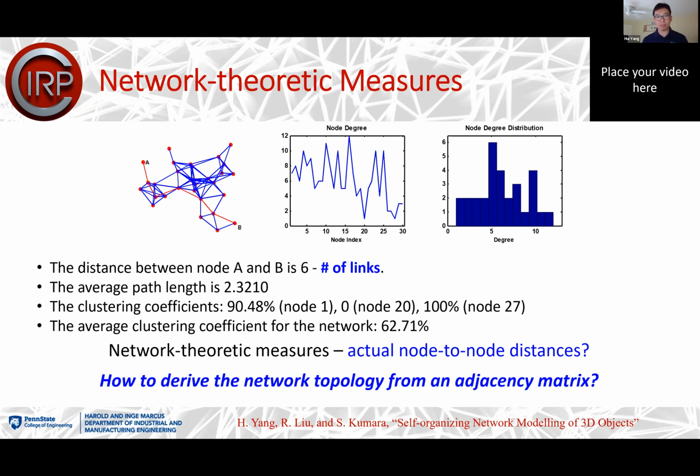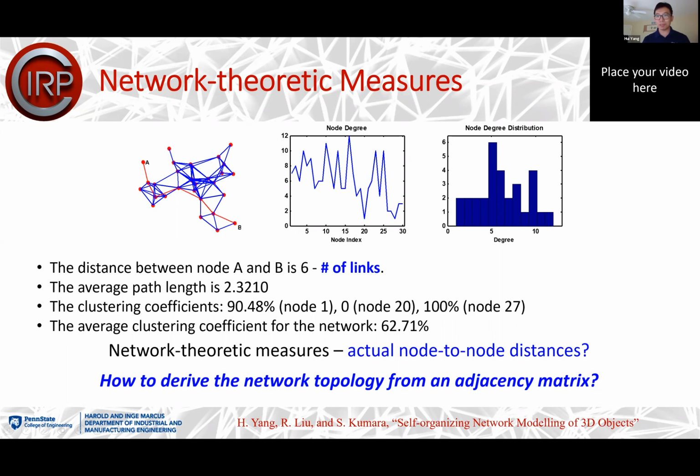However, for node 20 it is 0. And 100%, everybody is connected to node 27. And the average clustering coefficient for the network is 62.71%.